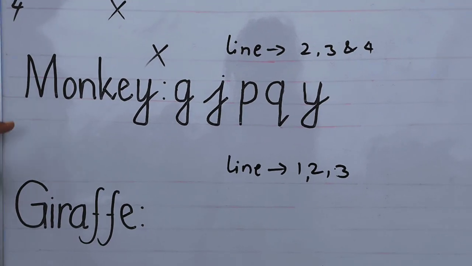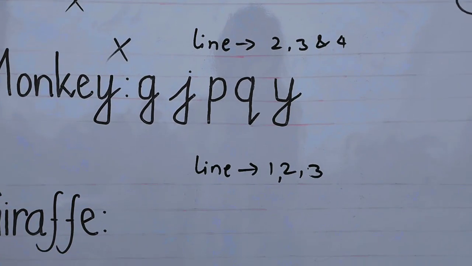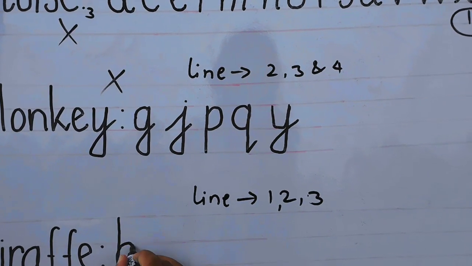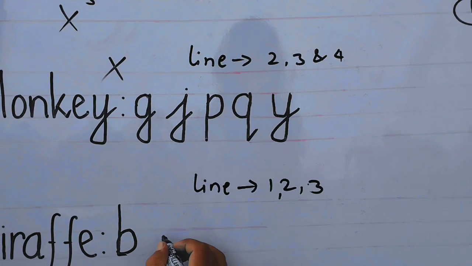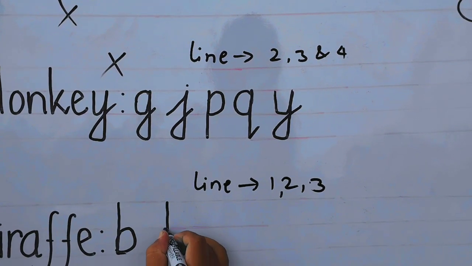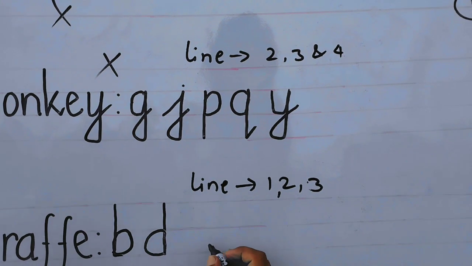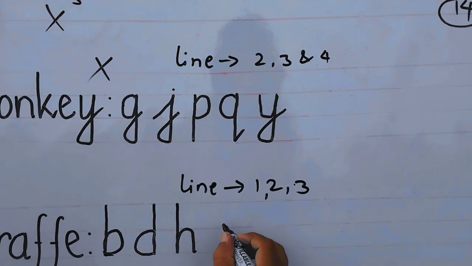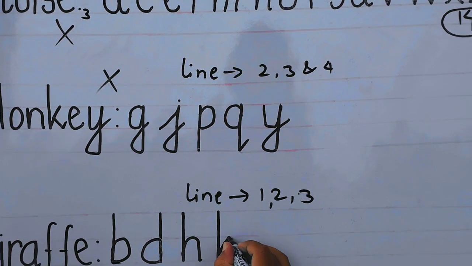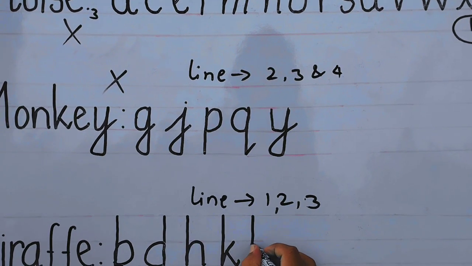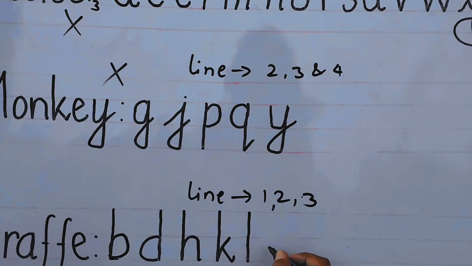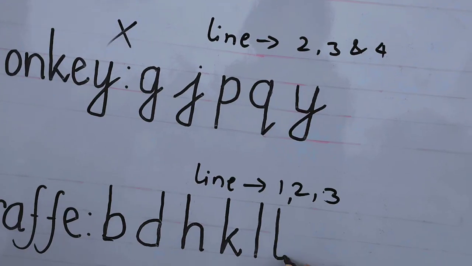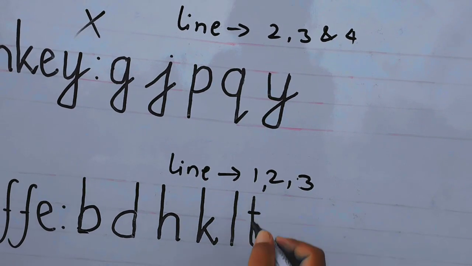And now we are at giraffe letters. Giraffes have a long neck, you know. So B is a giraffe letter. Look at the process to write B. It should touch this line. D, H, K, L, T. T particularly doesn't touch the fourth line but goes very close.